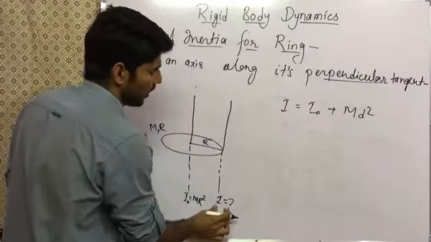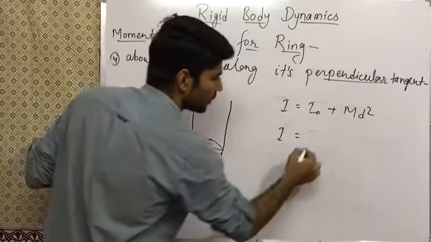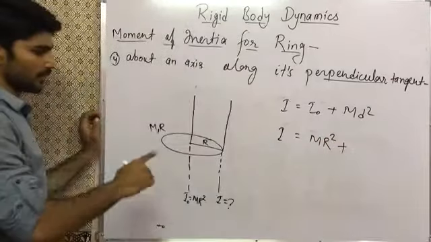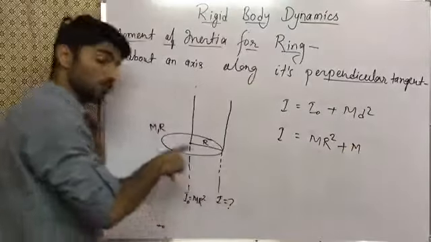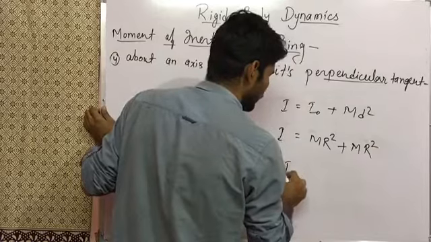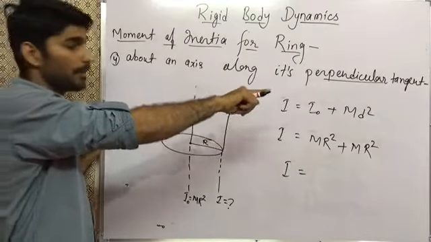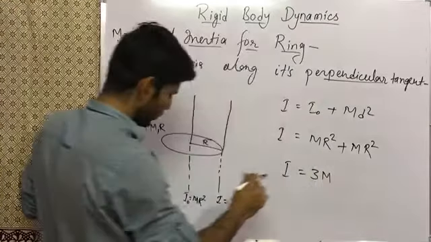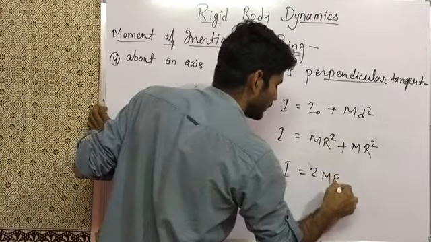Here we need to find I, and I naught we know is mr square, the moment of inertia about the main axis, and the mass of the ring is capital M. The distance between the two parallel axes is capital R squared. So the moment of inertia about an axis along its perpendicular tangent is 2mr square.